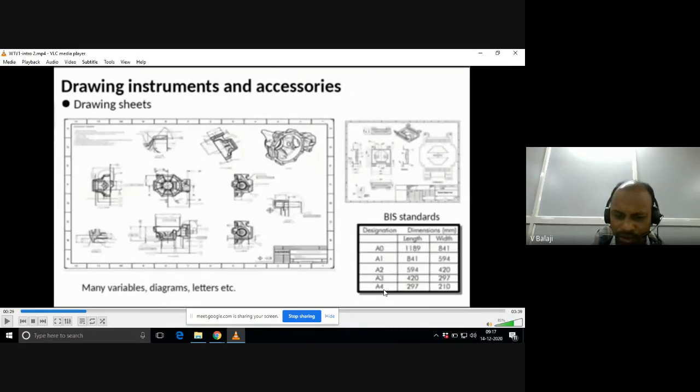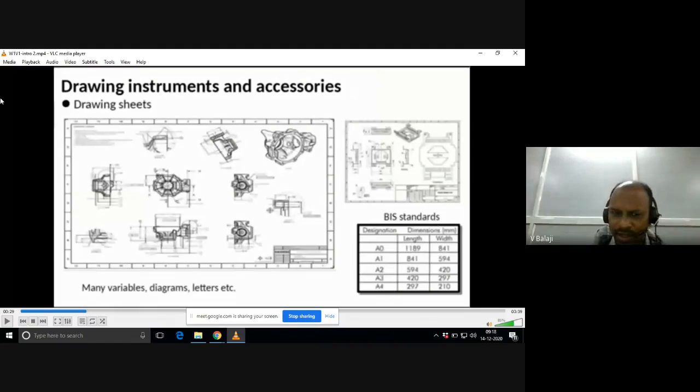A4 sheet you can see in the Xerox shops, right? The Xerox paper is of A4, 297 millimeter length, 210 millimeter width, or 21 centimeter width, 29.7 centimeter length. So these are the sizes as per Bureau of Indian Standards, BIS standards.